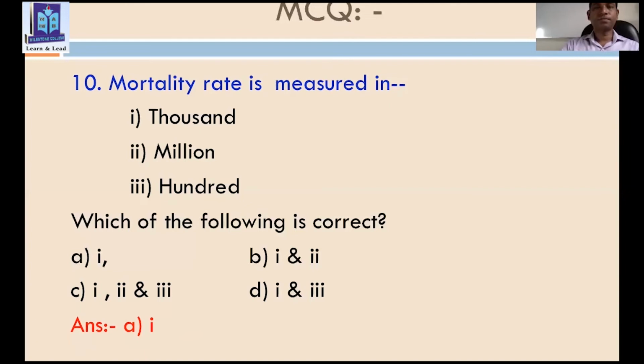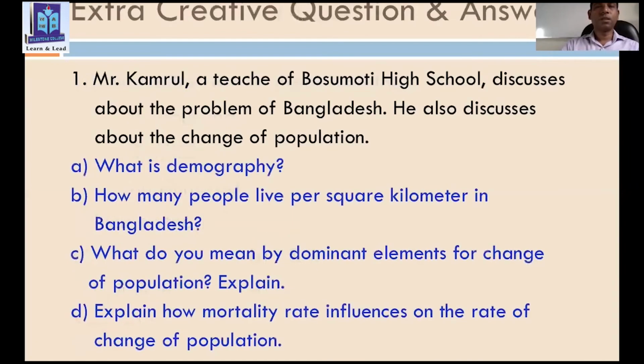Now, here you can see an extra creative question and answer. Mr. Kamrul, a teacher of Bushumuti High School, discusses the problems of Bangladesh. He also discussed the change of population. Now, here are 4 questions, you have to give the answer.